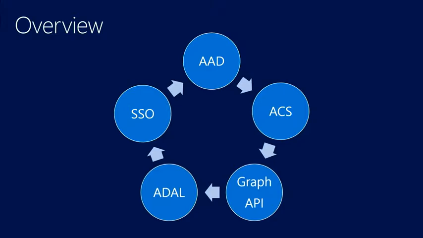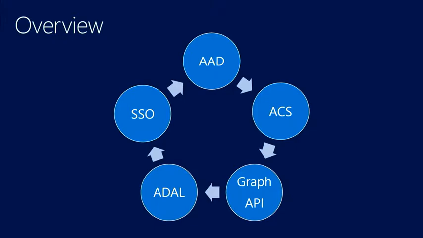ACS is the original invocation of Azure Identity. If you've ever played with it, you'll know that it's the one that allows you to authenticate with Facebook, with Google, with Yahoo, with Live ID. The Graph API is a set of RESTful API calls that you can use to manage all the attributes inside Azure Active Directory.